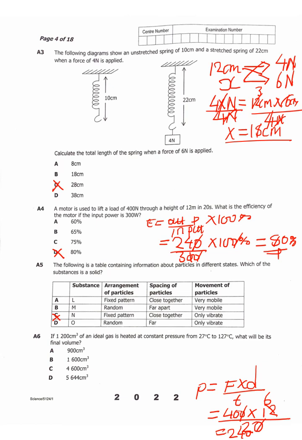Okay, now let's move on to question 6. If 1,200 cubic centimeters of an ideal gas is heated at a constant pressure from 27 degrees Celsius to 127 degrees Celsius, what will be the final volume? Here we are dealing with the gas laws. So let's look at the formula that we need to use here.